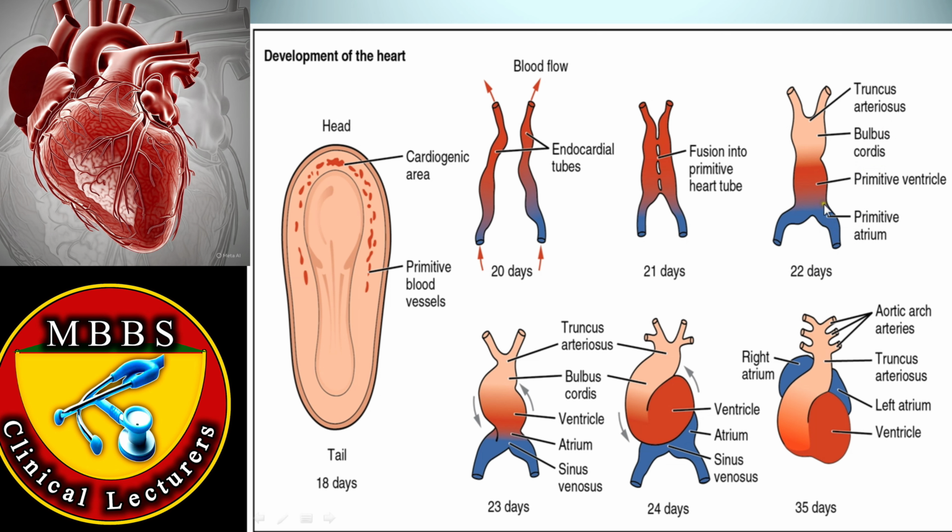So there is a venous end and an arterial end, and after the fusion, this single tube develops a number of dilatations, and along with them, constrictions and dilatations, forming different foldings, because the developing heart is now rapidly growing and there is only a small area for its accommodation.